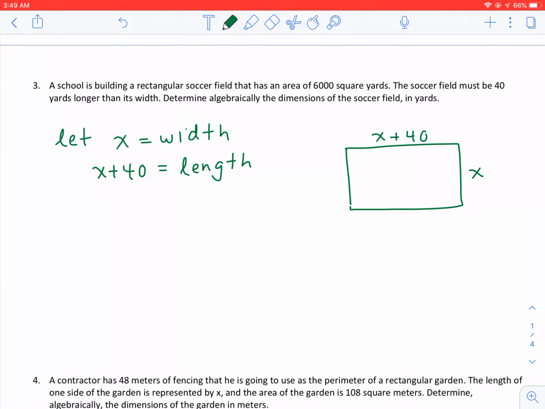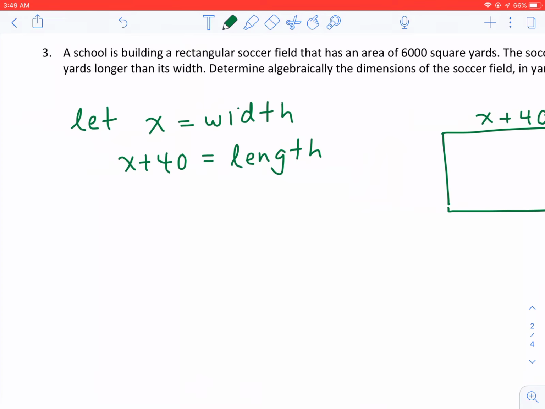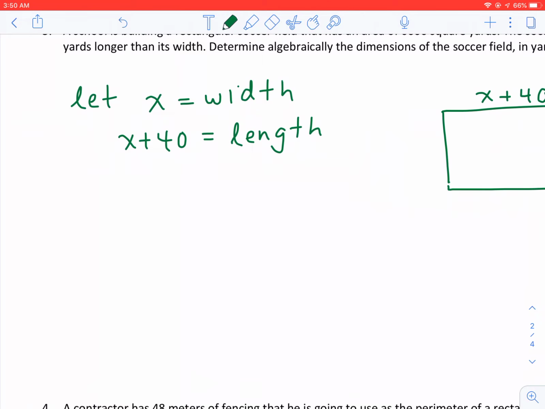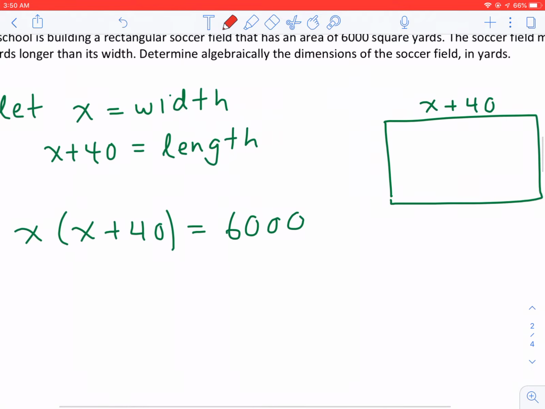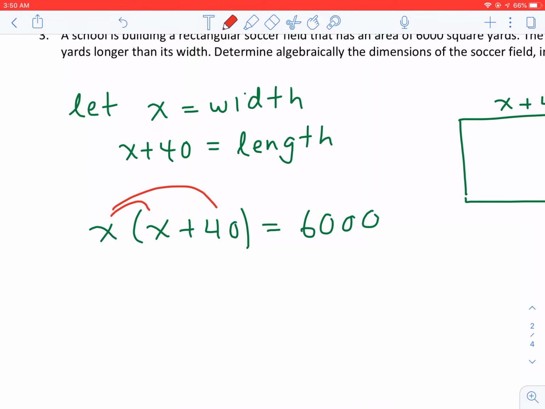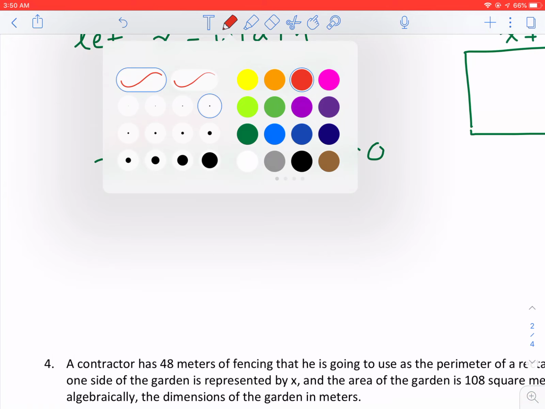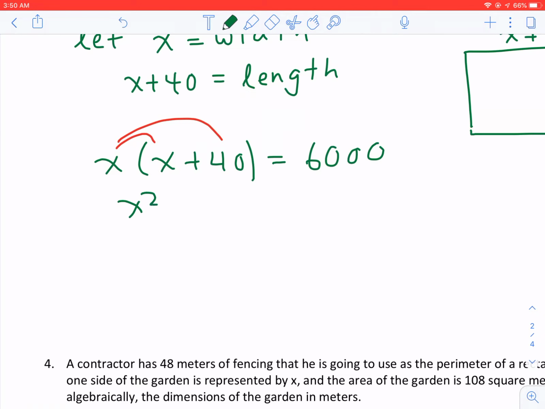So the area is 6,000. We just said area is length times width, or width times length, I'll do it that way. So we know x times x plus 40 has to equal the area of the soccer field. We've done plenty of problems like this, except this time when we multiply out, we're going to get a quadratic equation, which we now know how to solve.